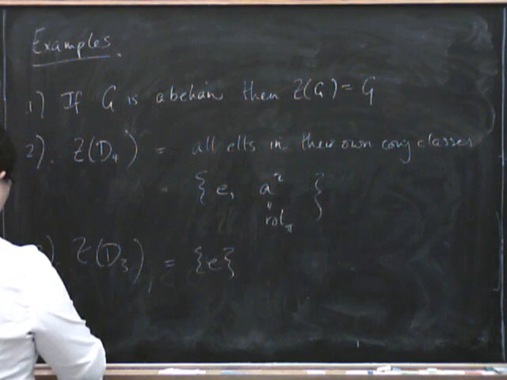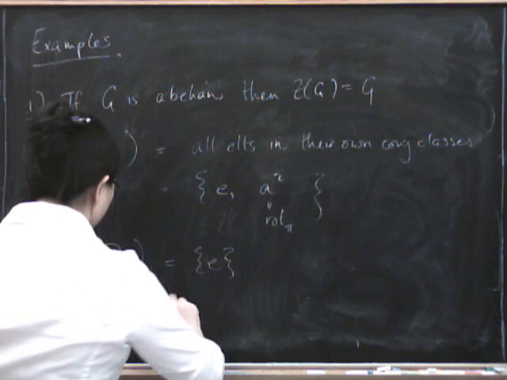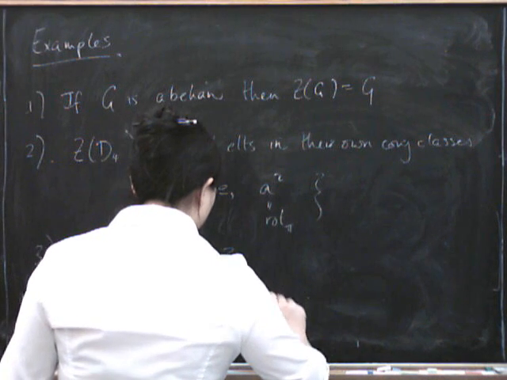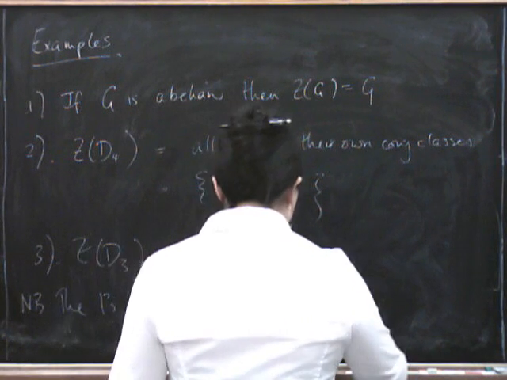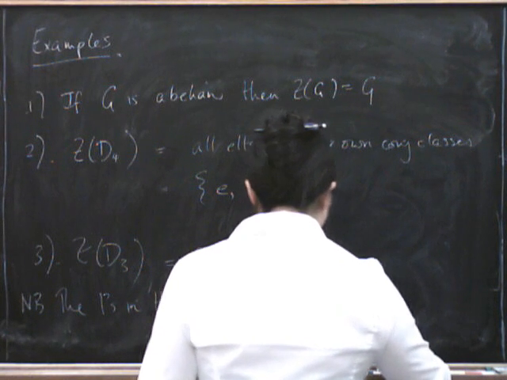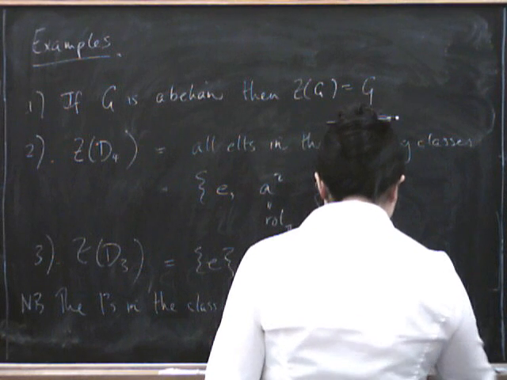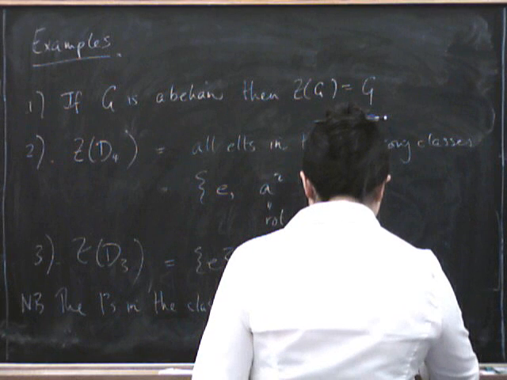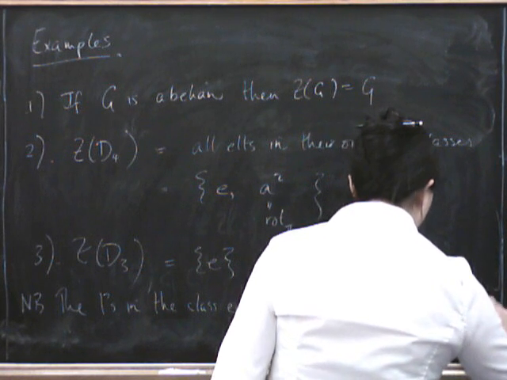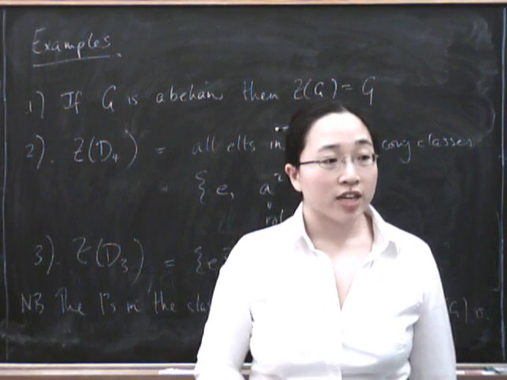So note well, the ones in the class equation tell us which and how many elements are in the center, how big the center is. So we'll do that again at the beginning of the next lecture.